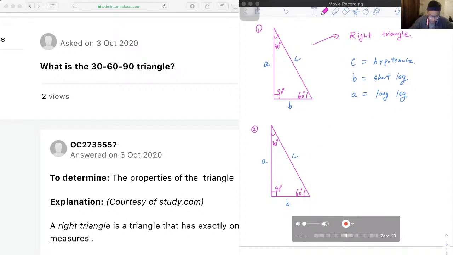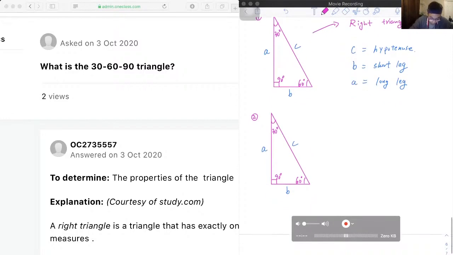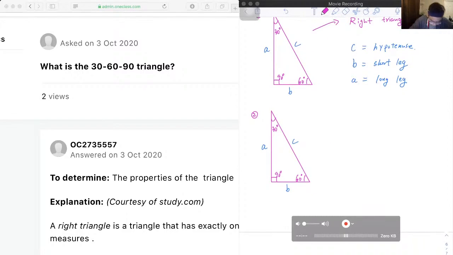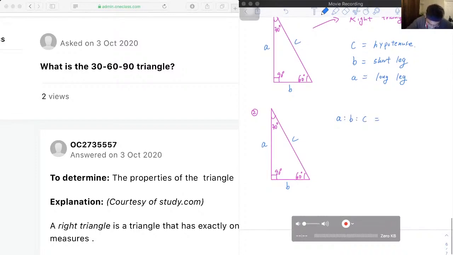As long as we have a 30, 60, 90 degrees right triangle, the ratio of the sides is always going to be, let's use blue, A to B to C equal to √3 to 1 to 2.